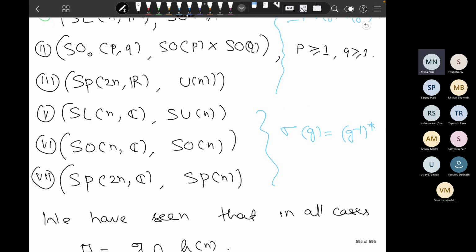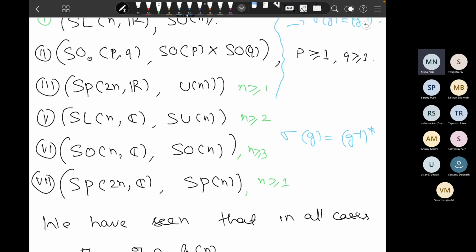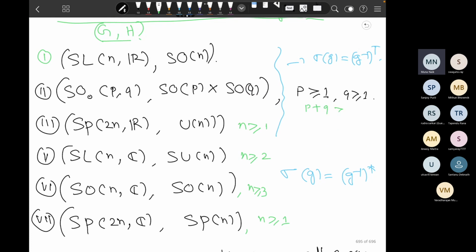For instance, for SOn you have to take n greater than or equal to 3, and here n greater than or equal to 1, and n greater than or equal to 2, n greater than or equal to 1, and here p plus q should be greater than or equal to 2, p greater than or equal to 1, that's okay, and n greater than or equal to 2.